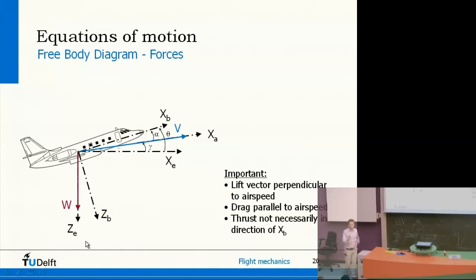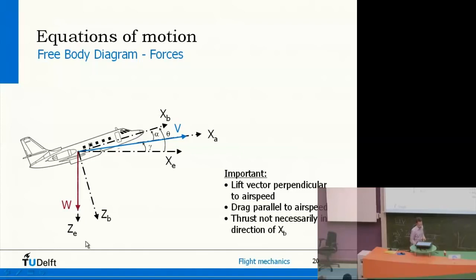But you could imagine if you're flying straight up with a fighter aircraft, then lift is actually pointing in that way. So lift is perpendicular to the airspeed, by definition. So it's in this air path axis system, the XA and ZA axis system.